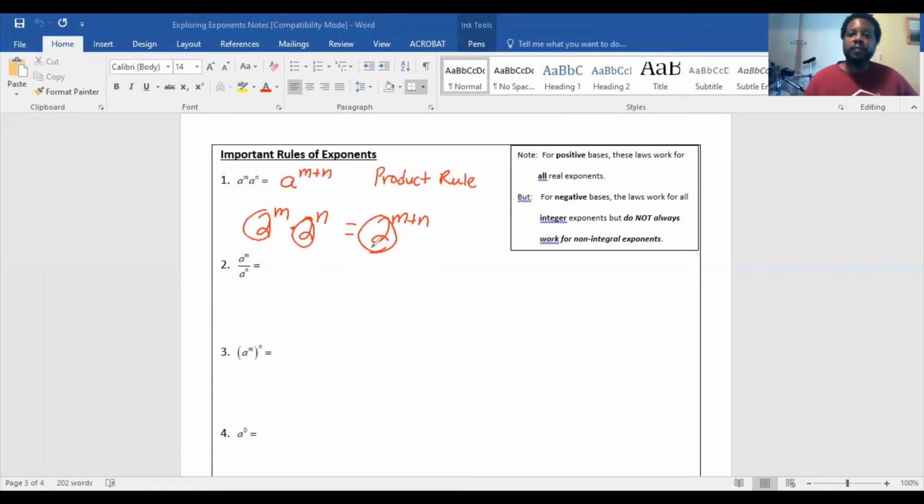So in a full example with all numbers, if I have something like 3 to the 3rd power times 3 to the 5th power, my answer is going to be 3 because I always keep the base. If they're the same, I keep the base. And then I add my exponents together. So I just do 3 plus 5. 3 plus 5 would be 8. That is an example of the product rule.